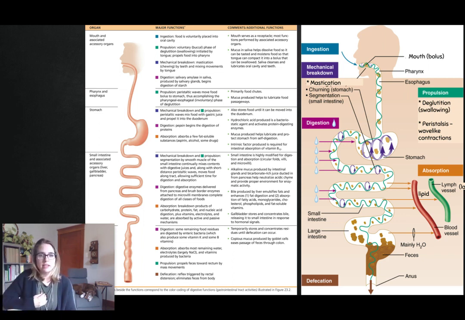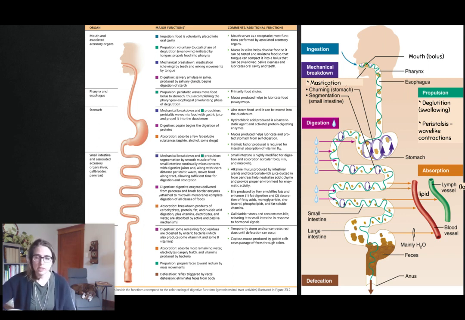Your esophagus, this one is not the star of the show by any means. It's just the tube that connects your mouth to your stomach. The only thing it does is propulsion. Our stomach, we're going to get into this in more detail here, but it has 4 different functions. You can see propulsion. It's kind of right here. And I'll talk about that in more detail. When we get into the intestines is our main site of absorption.